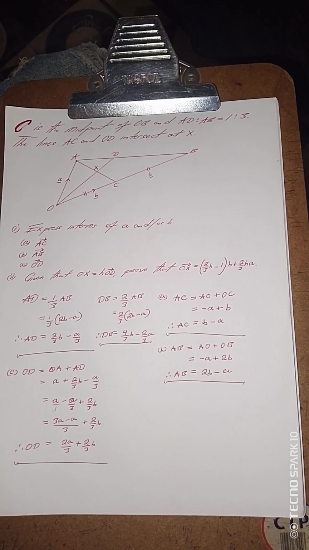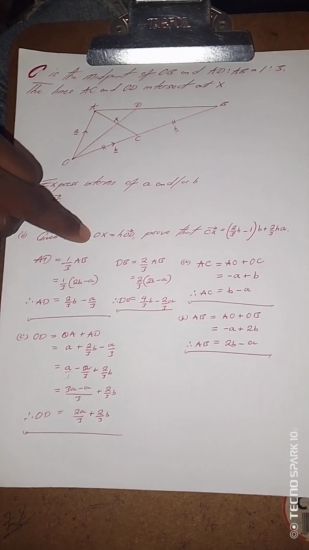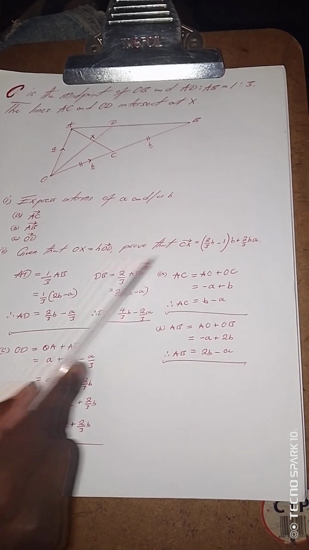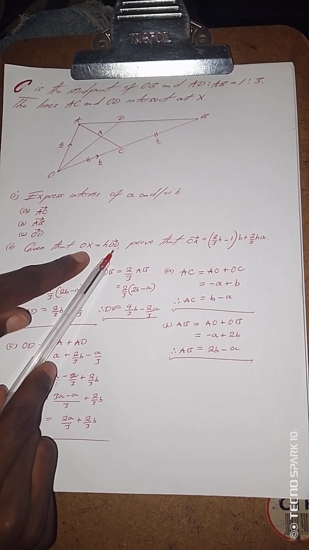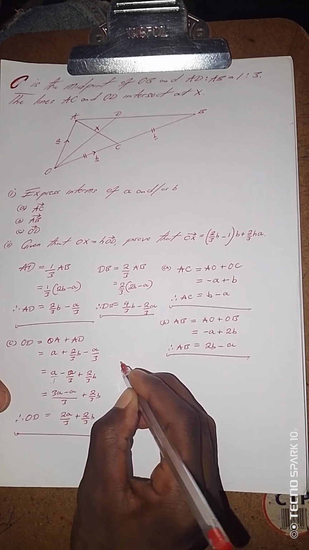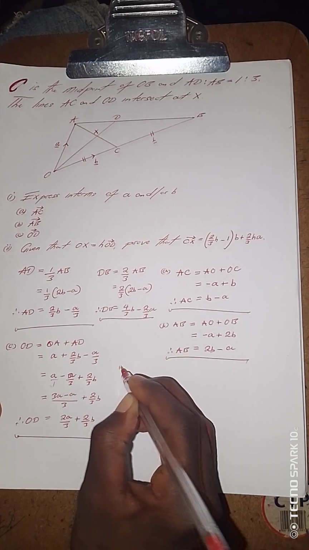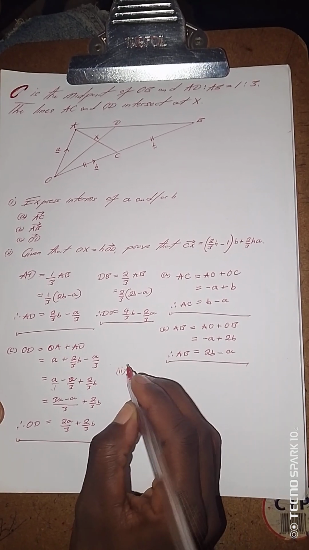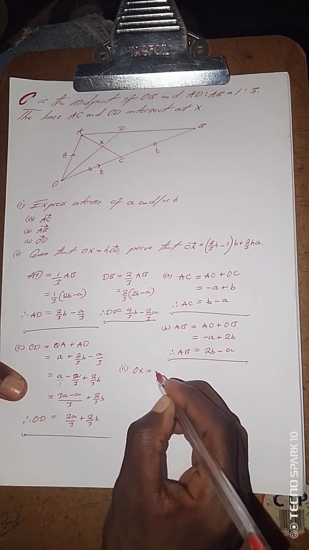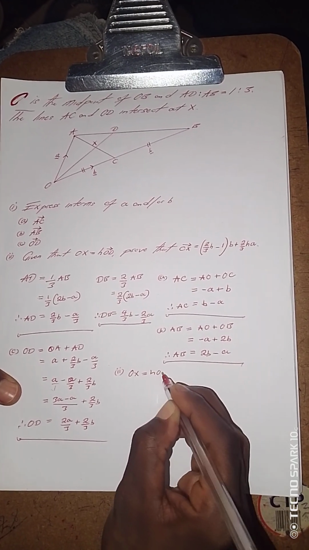And then Roman numeral 2, it is saying, given that OX equals hOD, first you end here, don't proceed to this one. First answer this one, OX. So OX, now let's start. I'll write it here. OX equals hOD.